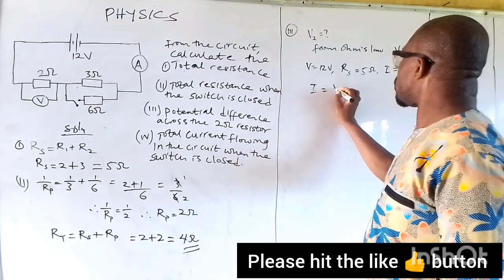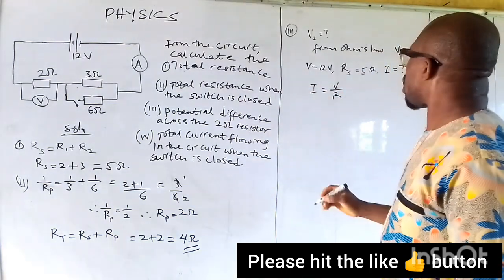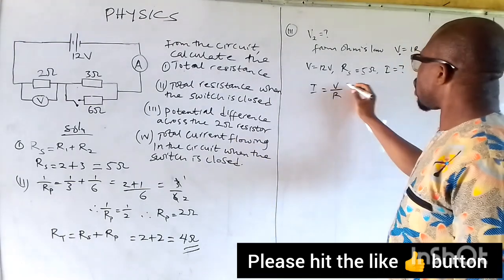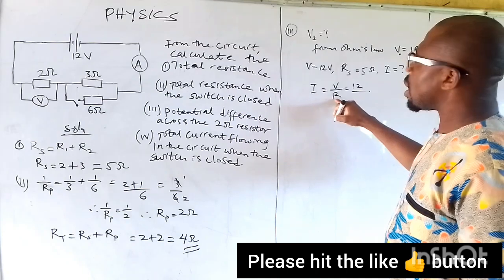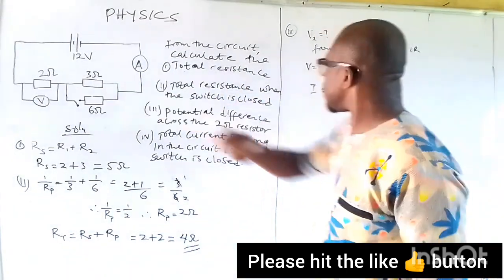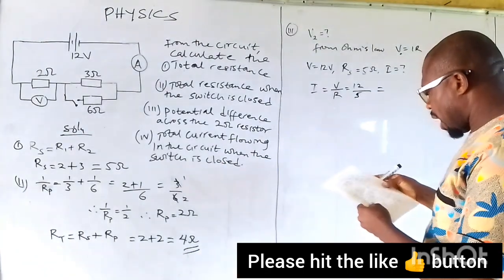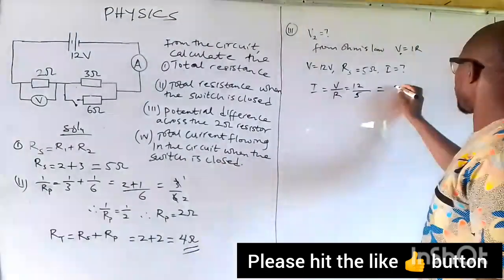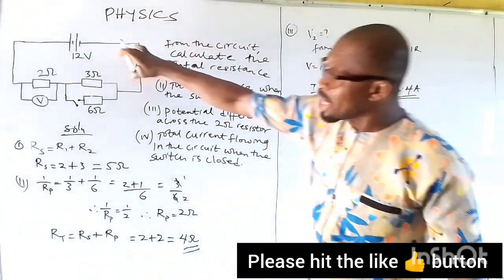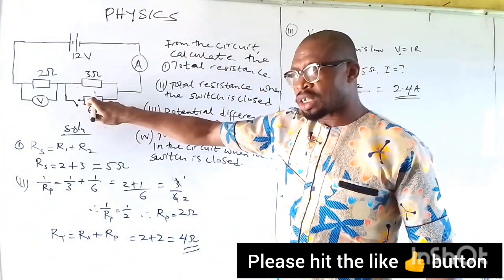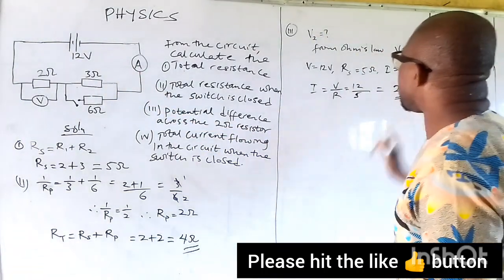Current is equal to V over R from Ohm's law. So the current is 12 over 5, which by calculation gives us 2.4 amperes. So the current flowing in this circuit, remember this one is exclusive, is 2.4 amperes.